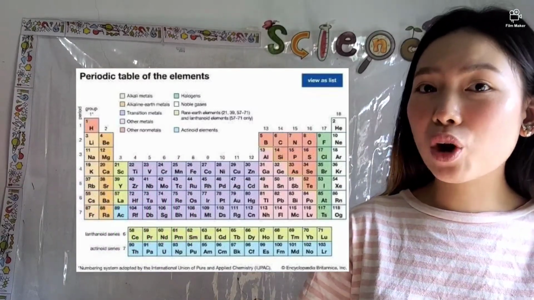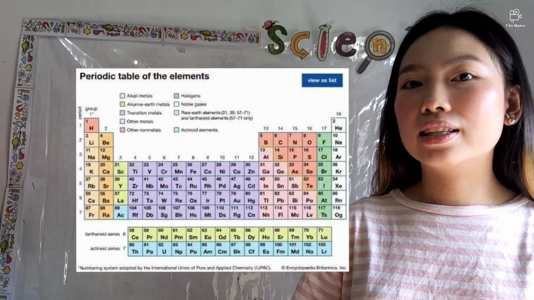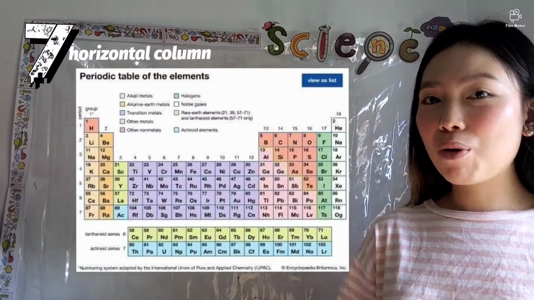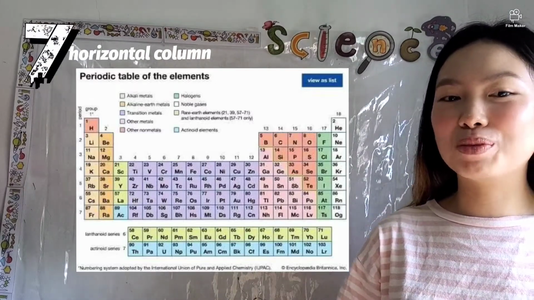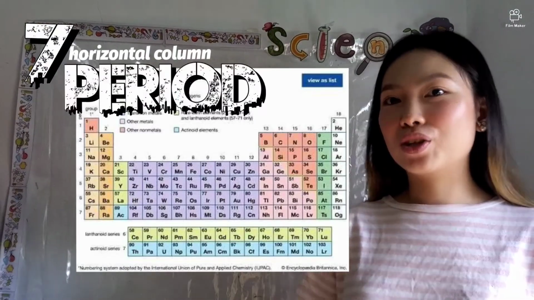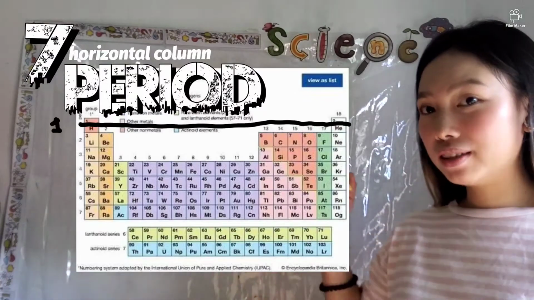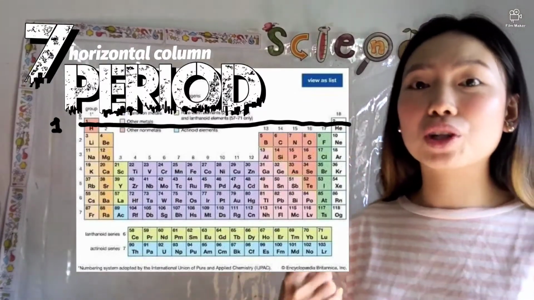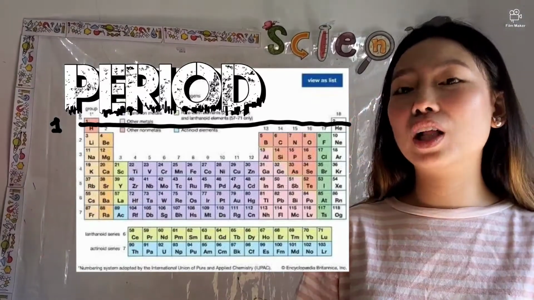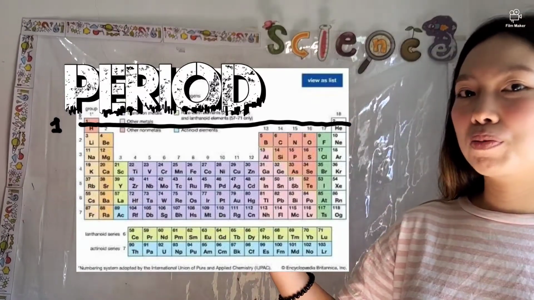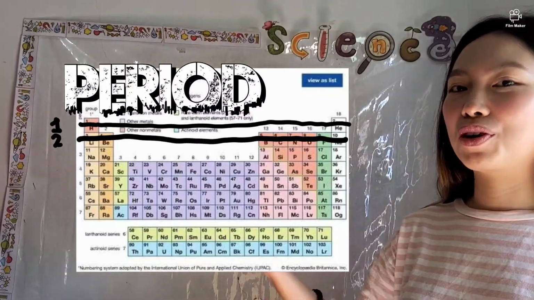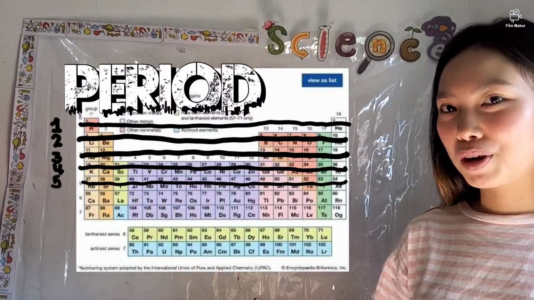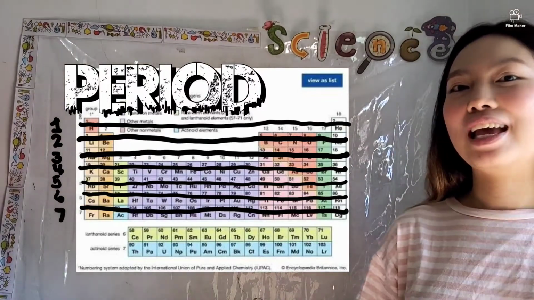In the horizontal columns of the periodic table, we have 7. We call the horizontal columns periods. So, that would be our period 1, which is only hydrogen and helium, counted as period number 1. The next one would be period number 2, period 3, period 4, period 5, period 6, up to period 7.